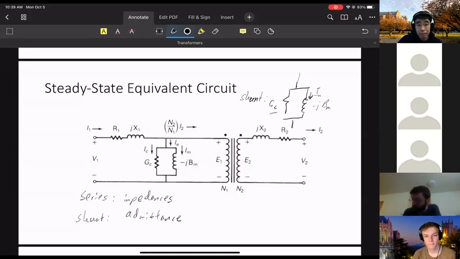There's a reason it's easier to talk about, for example, conductance than resistance, so you have to think about why. Why do we choose different symbols and conventions for things in series and things in shunt? There is a reason, actually. It's not just to make your life difficult.